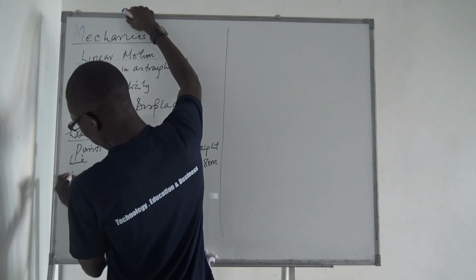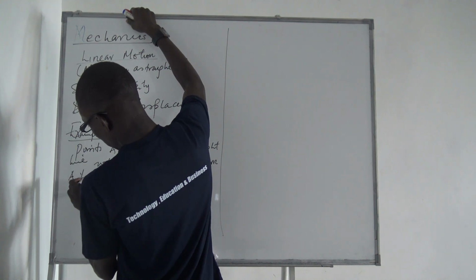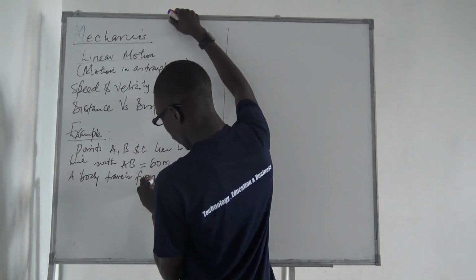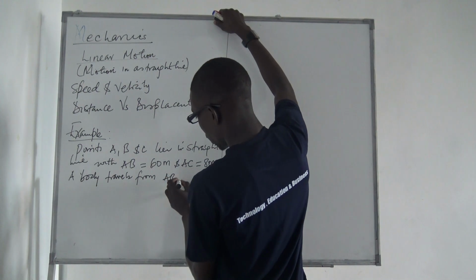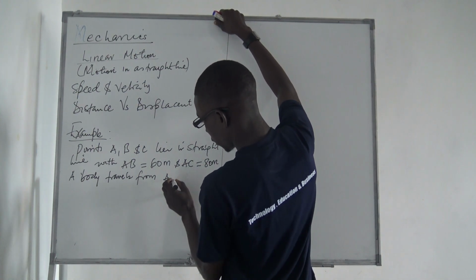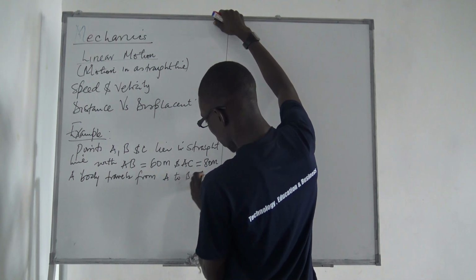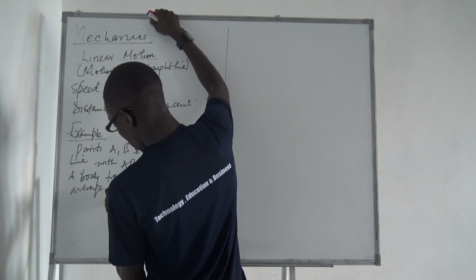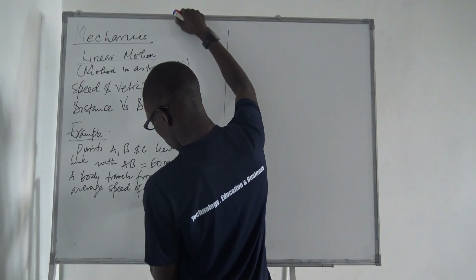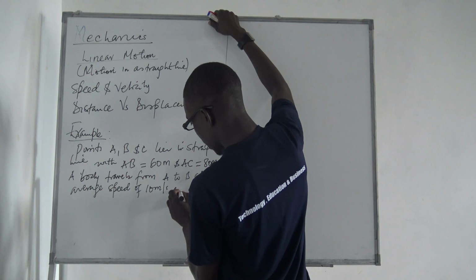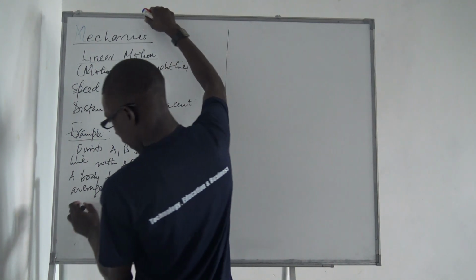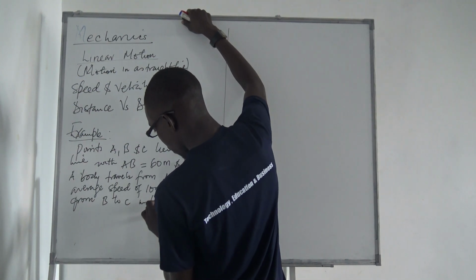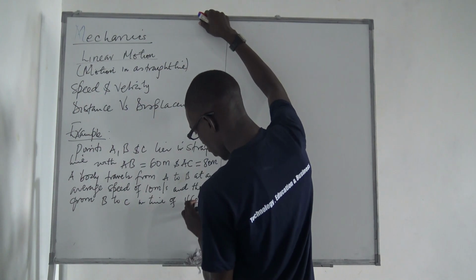And then a particle, or I can call it a body, travels from A to B at an average speed of 10 meters per second, and then from B to C in a time of 4 seconds.